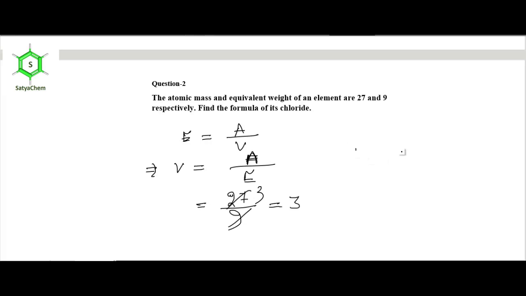To get the formula of the chloride, say the atomic symbol of the element is M and we know the atomic symbol of chlorine is Cl. Here the valency of element M is 3 and valency of chlorine, we know, is 1. So just doing the cross combination, the molecular formula will be MCl3. This is the answer.